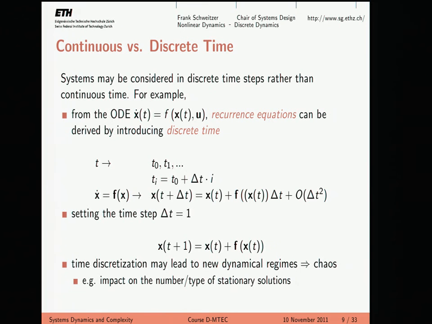So we want it to be here, this is t, and t plus delta t is probably here. But since this is an exponential, these 2 points would be very different.